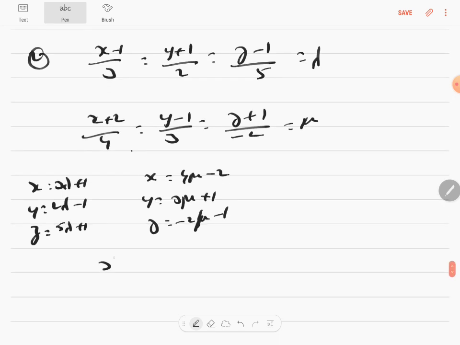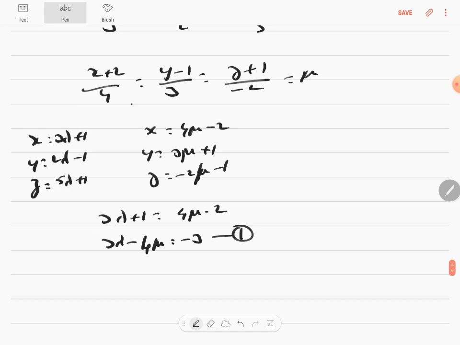Both x's can be equated. 3 lambda plus 1 is equal to 4 mu minus 2. 3 lambda minus 4 mu is equal to minus 3 is my first equation. Equating both the y's, 2 lambda minus 1 is equal to 3 mu plus 1. 2 lambda minus 3 mu is equal to 2. So then you get this to be the second equation.